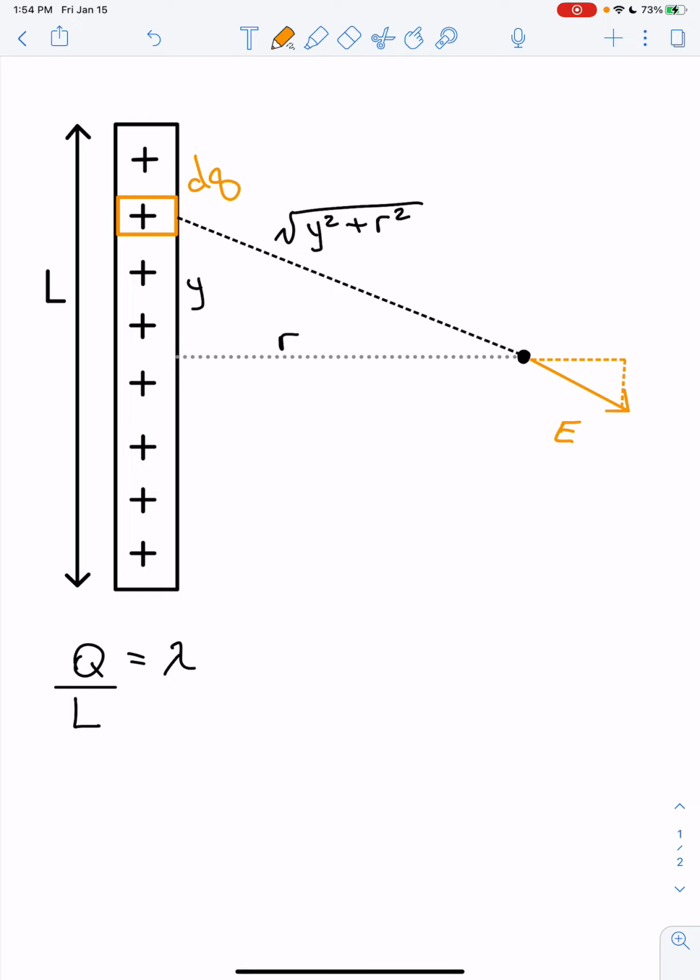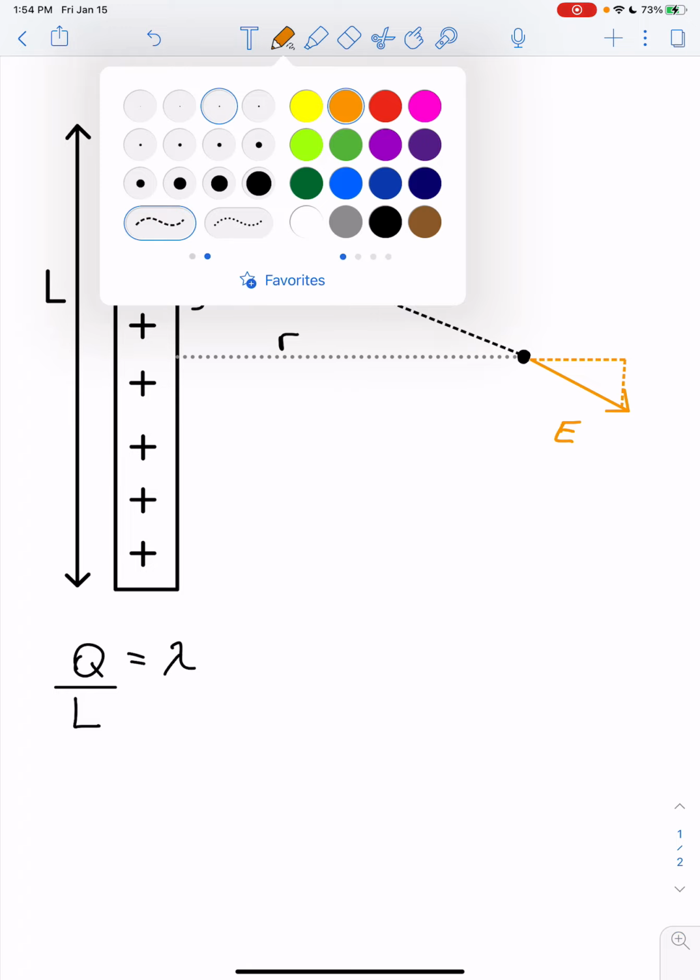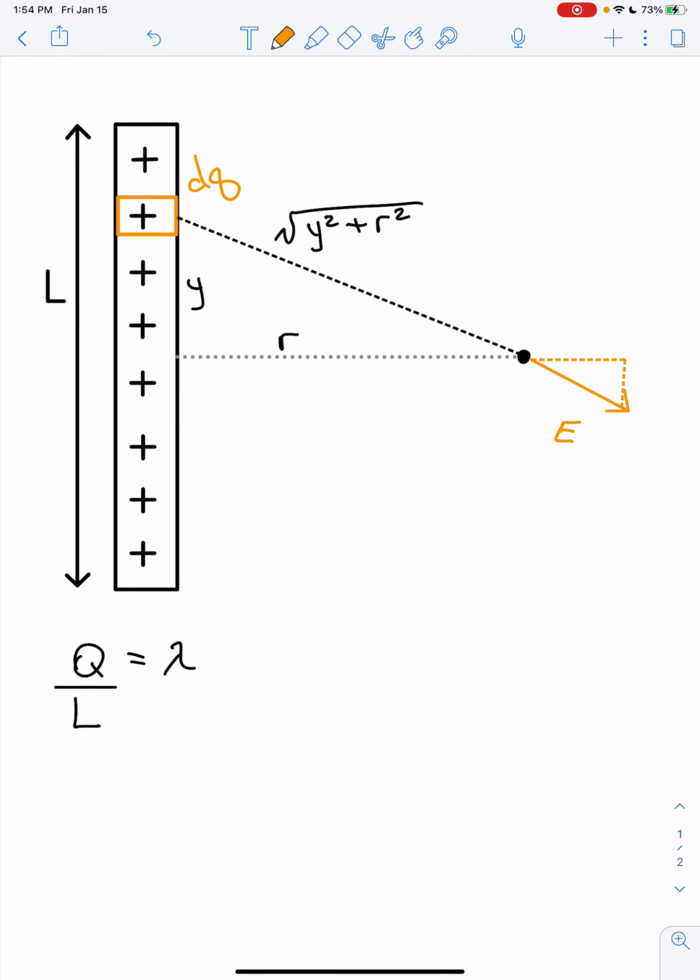It's not perfect, but it's pretty close. We'll draw this and notate it as dEx and dEy. That would be the x and the y component of the electric field at that point produced by dq.